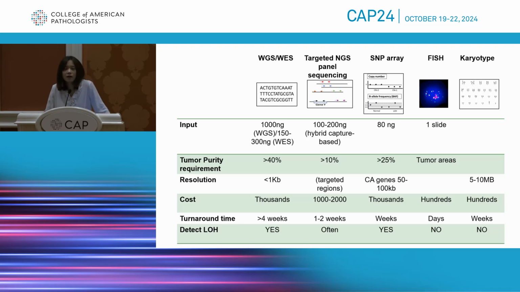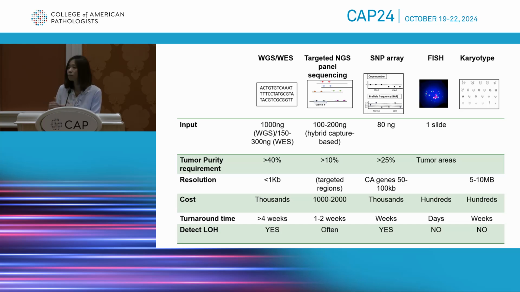In the interest of time, I didn't really talk about optical genome mapping. That's something that you probably have heard a lot these days. That's another emergent technology. The resolution can go down to even 500 base pairs to 5 kb. So it has good resolution.